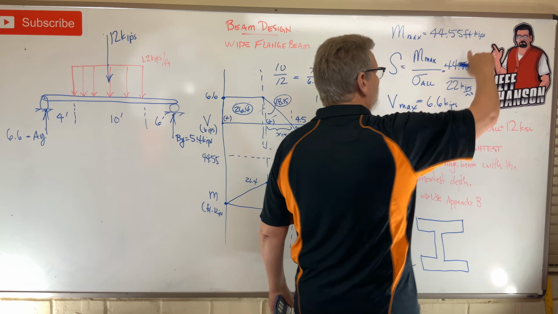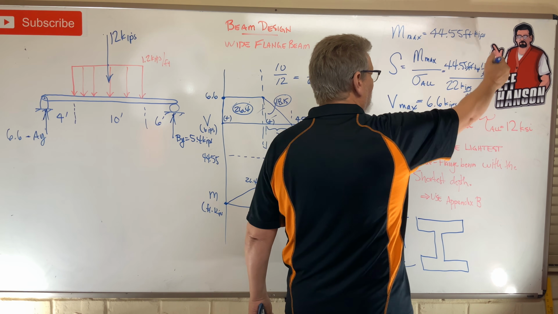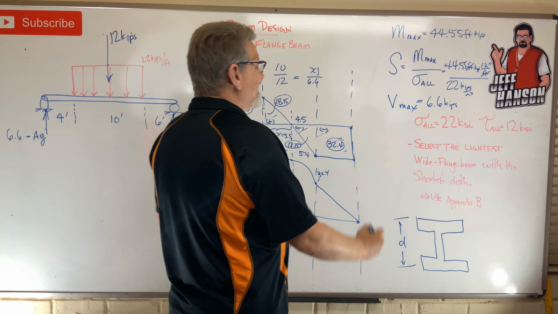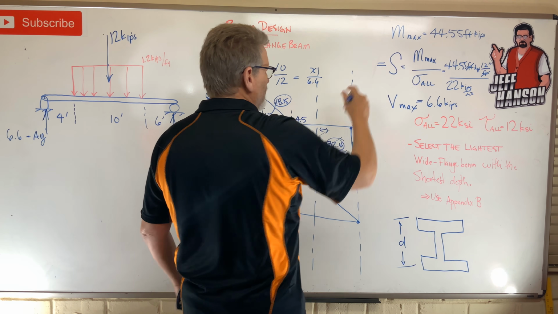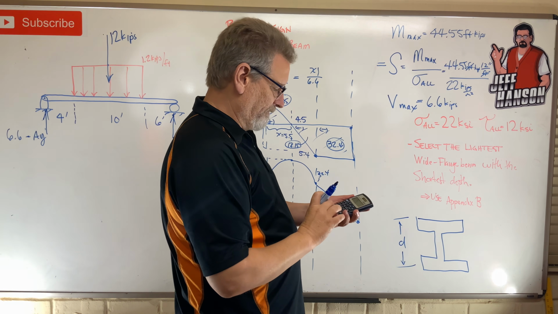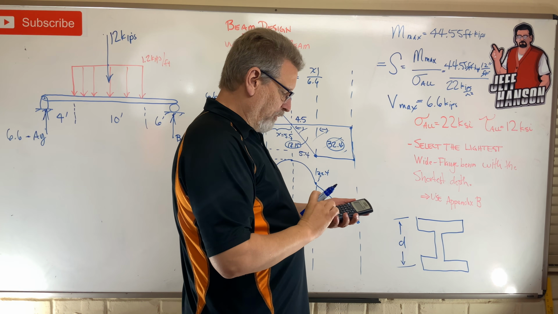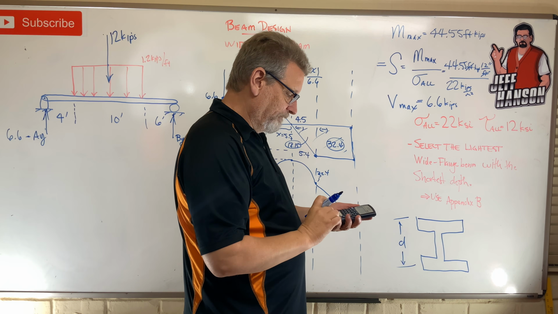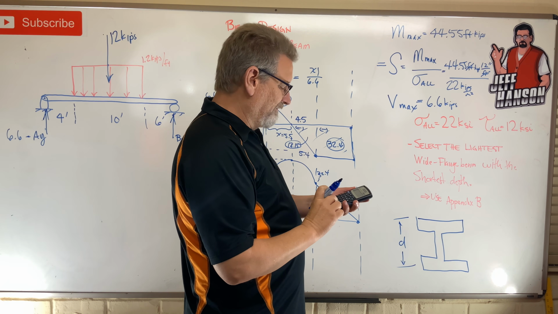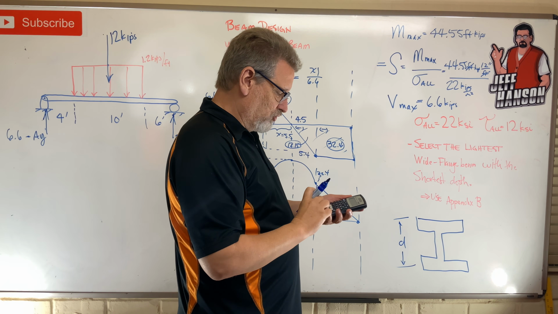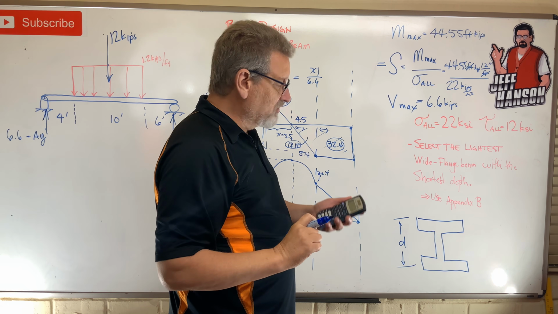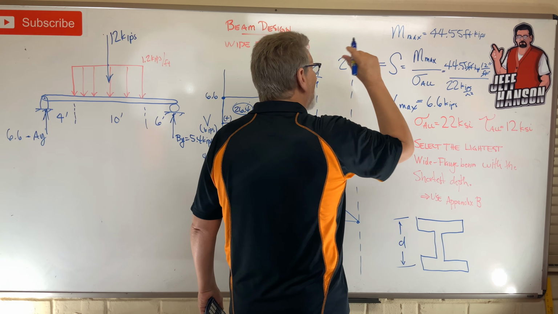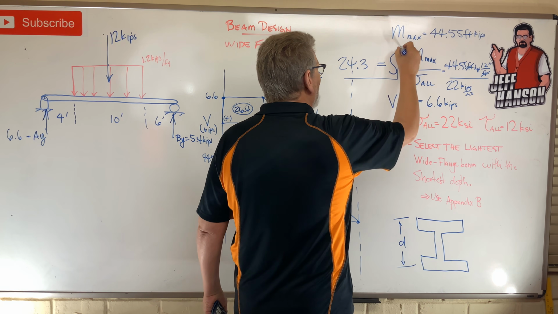The inch squared is going to go on top. I already got an inch up here, so it's going to give me S in inches cubed. So 44.55 times 12, divided by 22, is 24.3. And that is our S value.